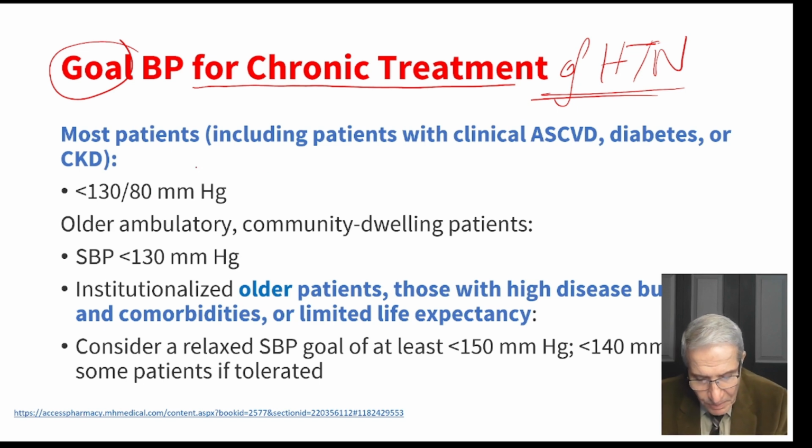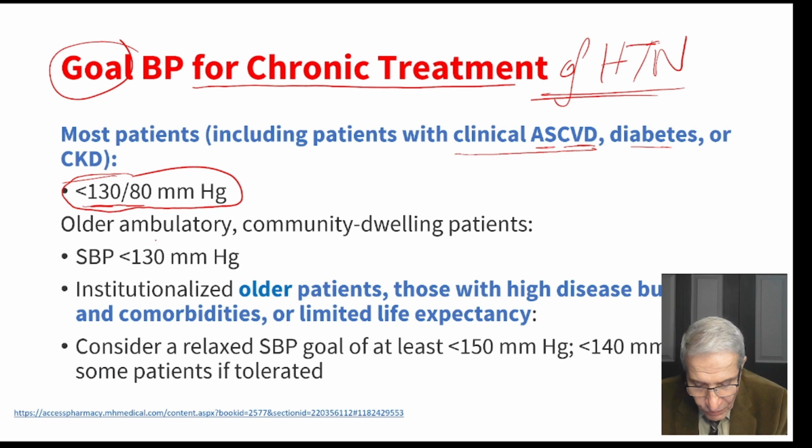For most patients, including patients with atherosclerosis, cardiovascular disease, diabetes, or CKD, the blood pressure we are looking for is less than 130/80. So this is our goal for most patients with CKD, diabetes, cardiovascular disease: less than 130/80.